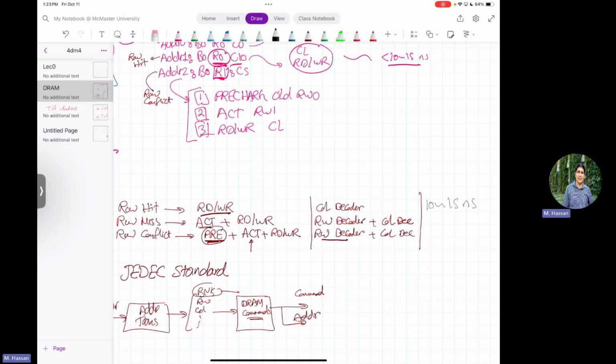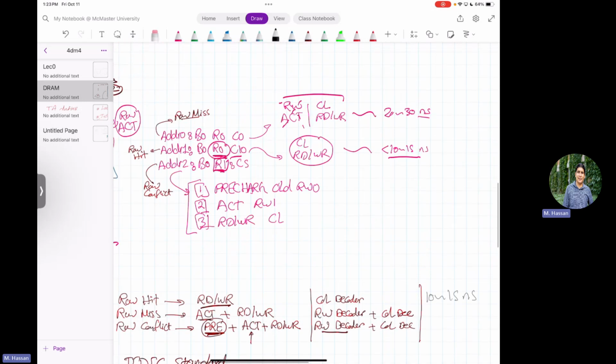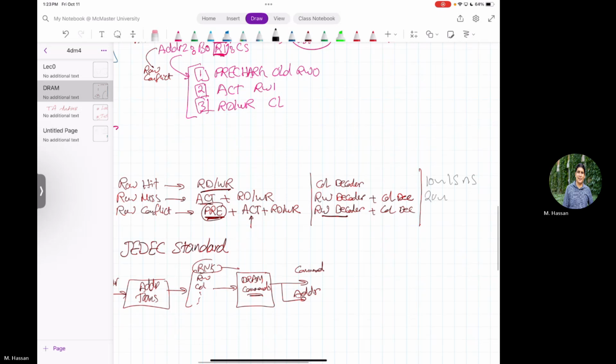Then a row miss is in the range of, what number did I give? 20 to 30? And this one, the row conflict, is in the range of 100 nanoseconds. So there's an order of magnitude difference in access time between a row miss, a row conflict, and a row hit. A 10x difference in latency.